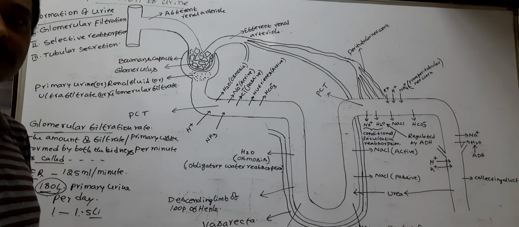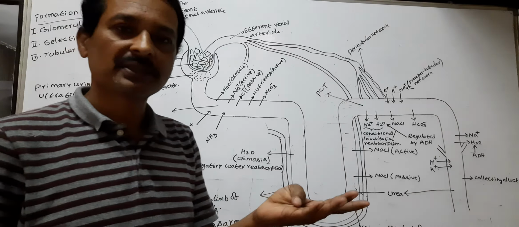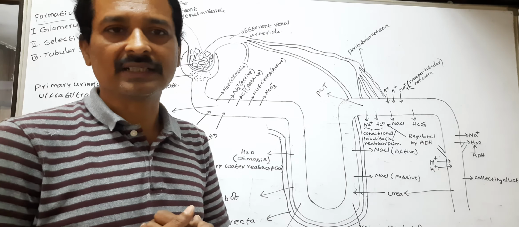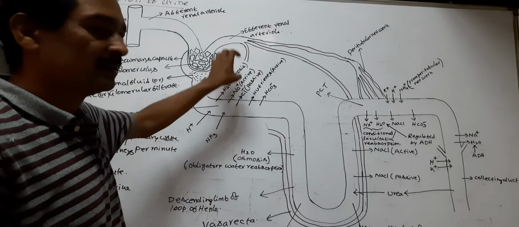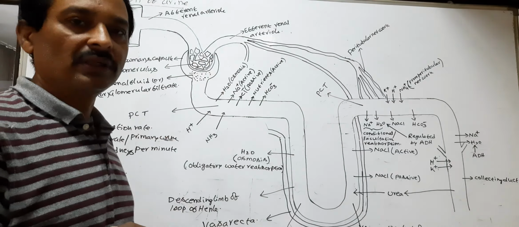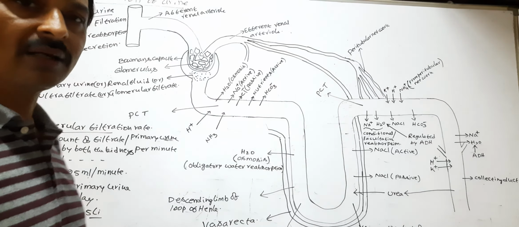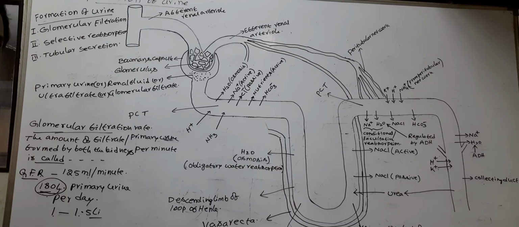The essential substances are nutrients, water, salts, etc. These essential substances are reabsorbed by different parts of the nephron. So a little amount of highly concentrated urine is discharged.